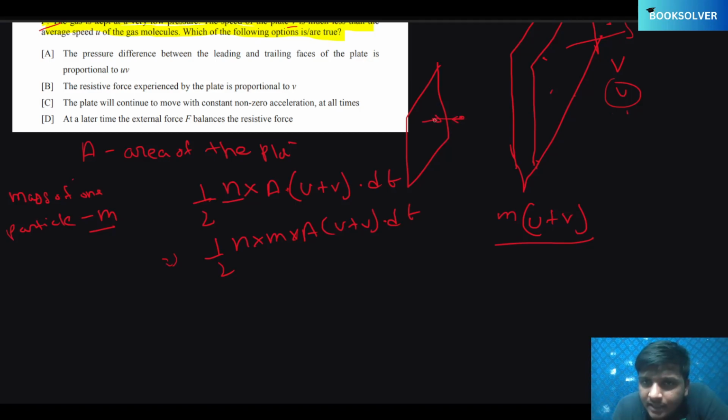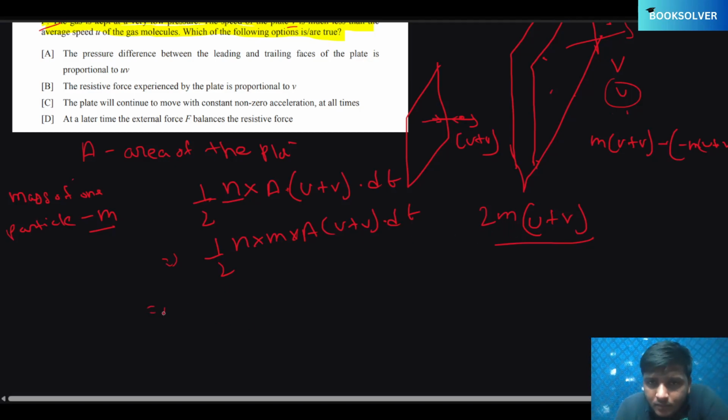After it strikes here, it will bounce back with the same speed u plus v. So what is the change in momentum? It has a direction change also, so we write m(u plus v) minus of minus m(u plus v). So the change of momentum is nothing but 2m(u plus v). This is the change in momentum here.